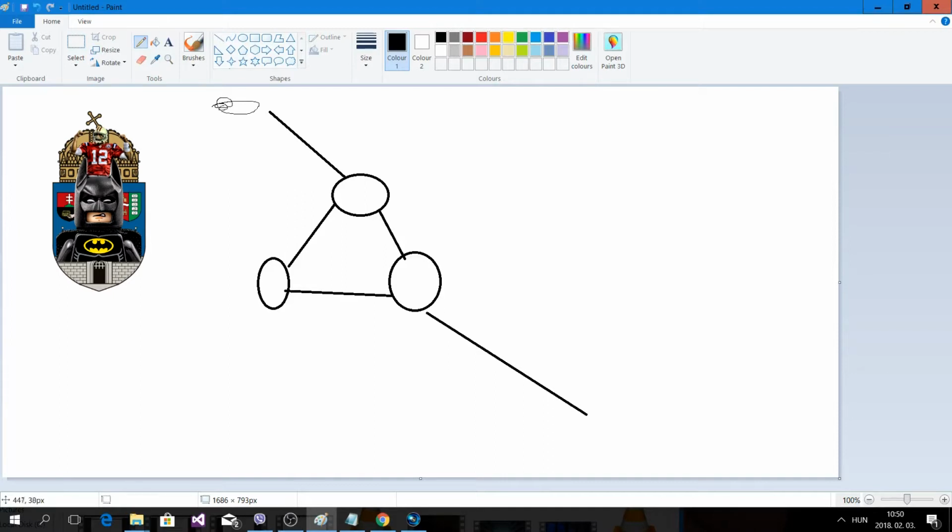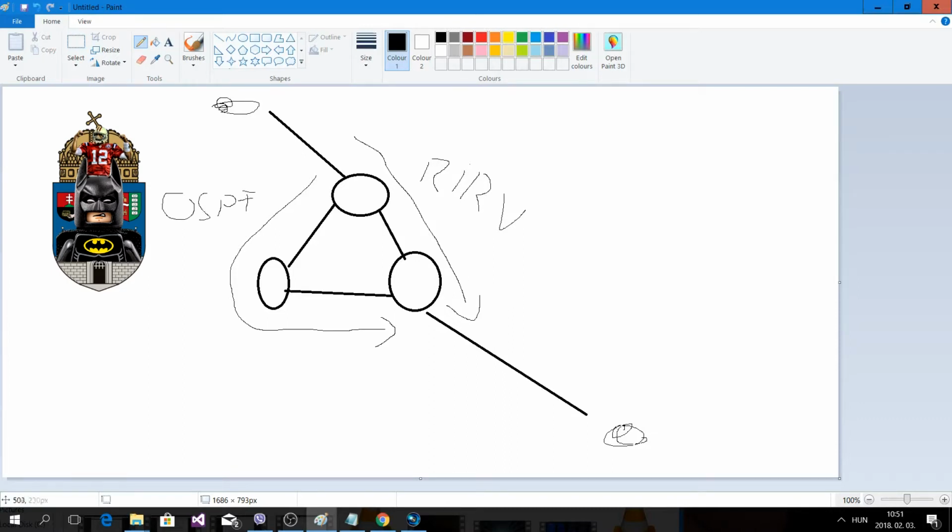So here comes the traffic and here it will go out. And for example, the traffic can go either this way or this way. If we have multiple routing protocols, for example, imagine that this will be a RIP version and this will be an OSPF, because OSPF uses bandwidth, RIP uses hop count, therefore it can be possible that they are going in two different paths, even though here it seems longer than going this way.